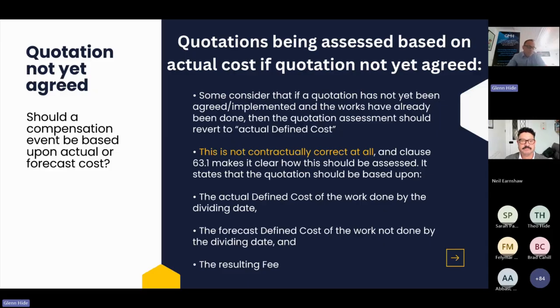It also does protect clients from contractors who have put in a quotation and then say, well, actually it did take as long as we said, so you've got to pay us it. Well, if the reasonable forecast was that it could have been done quicker or should have been done quicker, then the project manager is still within their rights to make a forecast assessment and assess it accordingly. So it's a case of just applying the rule.